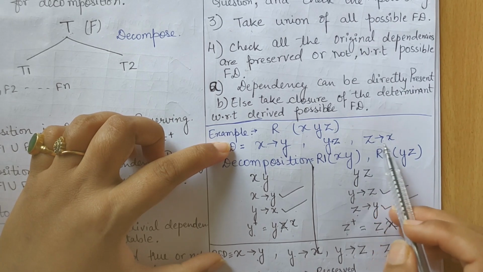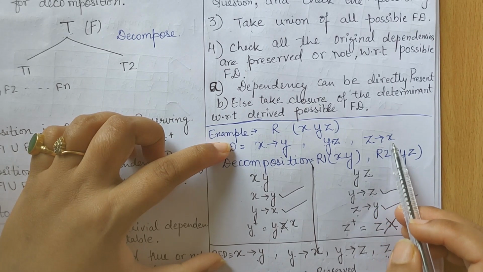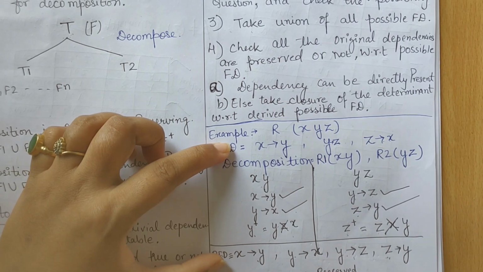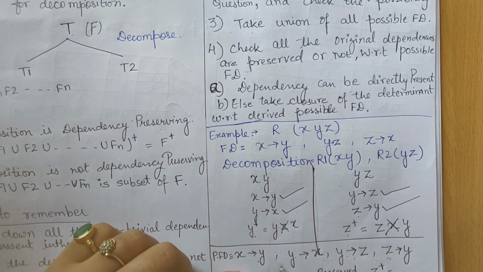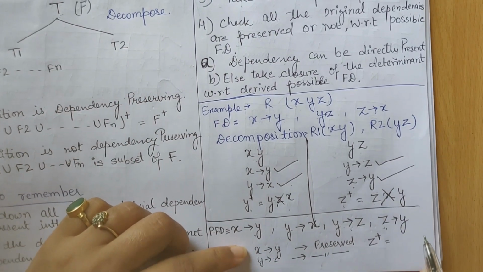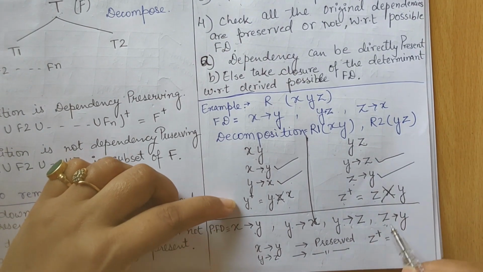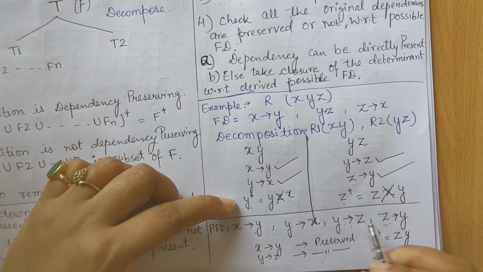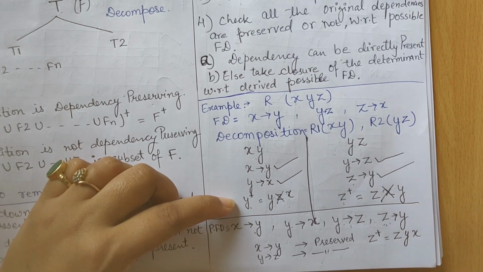What are we trying to prove? We are trying to prove that the functional dependency Z determines X is preserved or not. So I have to check the closure of Z with respect to the derived functional dependencies. From Z I can get Z. From Z I can derive Y. From Y I can derive Z, which is already present, and I can derive X also.